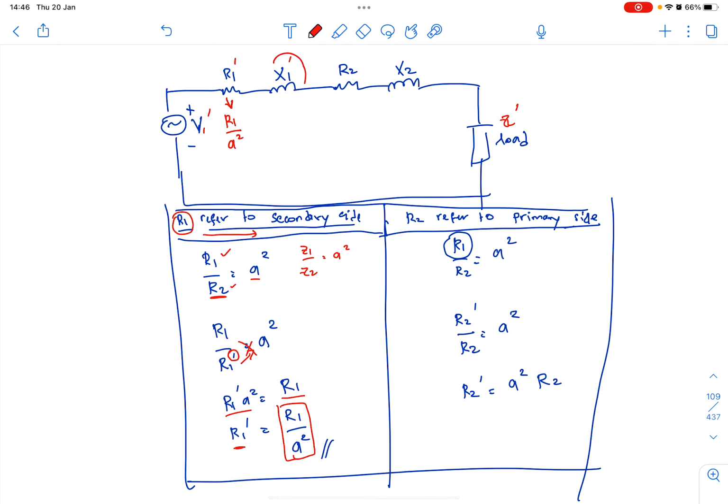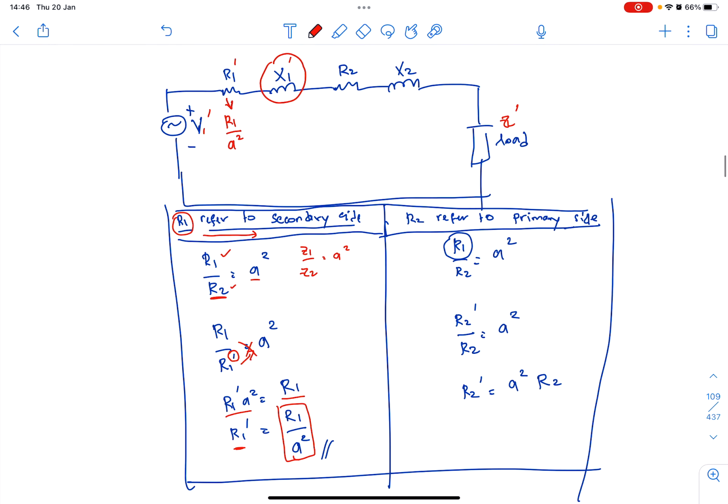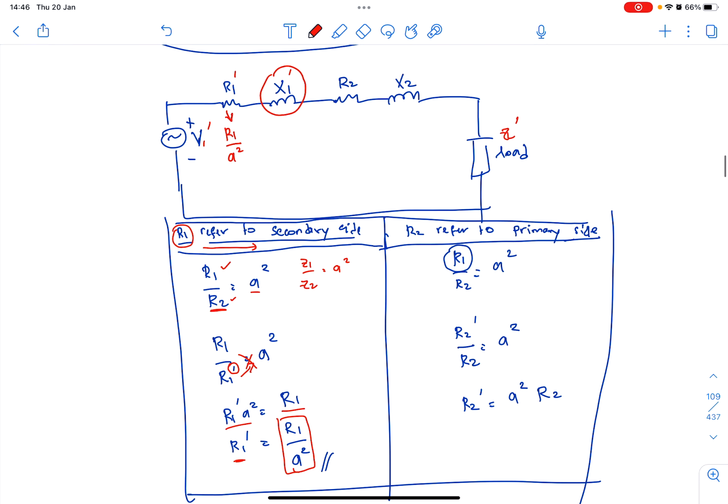What about X1 di sini? If you rearrange you punya equation ini jadi X1 divided by X2 equal to A square, you should get X1 divided by A square. So this is the equation for referring from the primary to the secondary side. So I hope you are clear on the primary to secondary side.